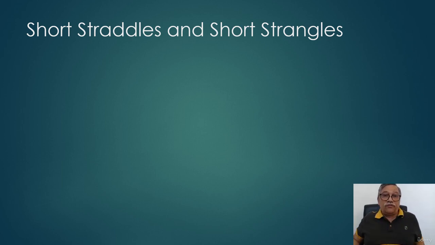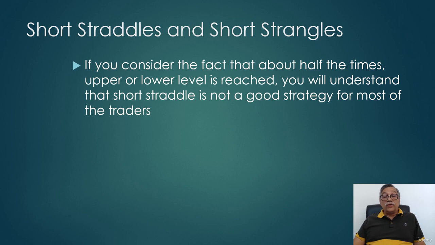Suppose your limits are 17,800 and 18,200. You have sold the 17,800 put, you have sold the 18,200 call, and collected premium is say 50 rupees. So your risk is only 50 points below 17,800 and 50 points above 18,200. So you can take the position in such a short strangle and sit comfortably for the week, right?